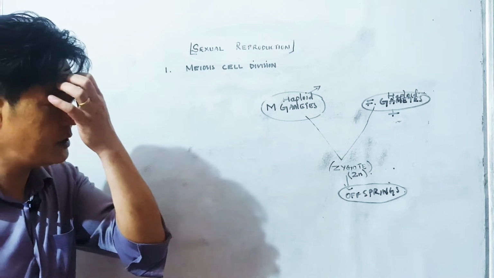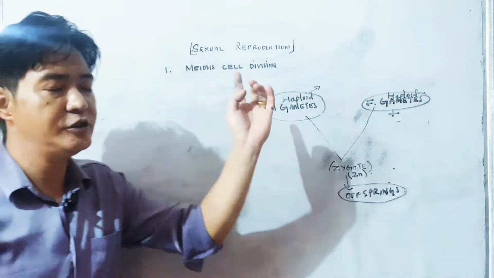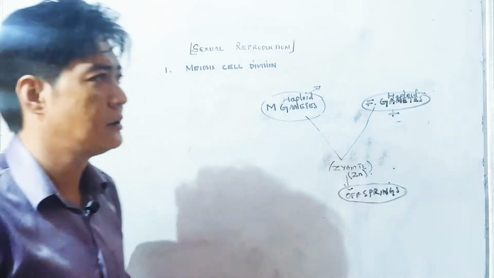The characteristic features of sexual reproduction are, number one, meiosis cell division occurs.